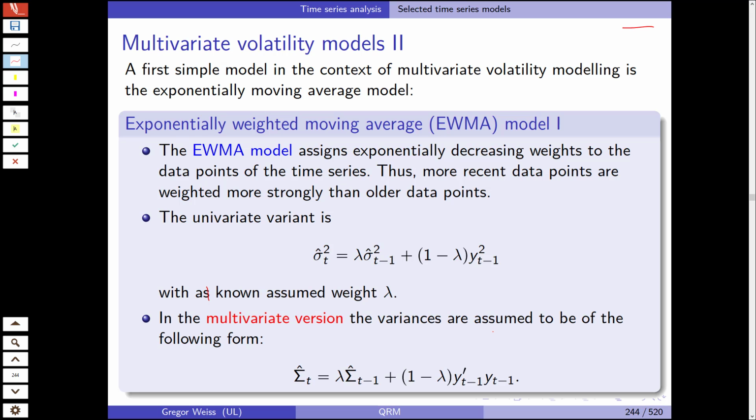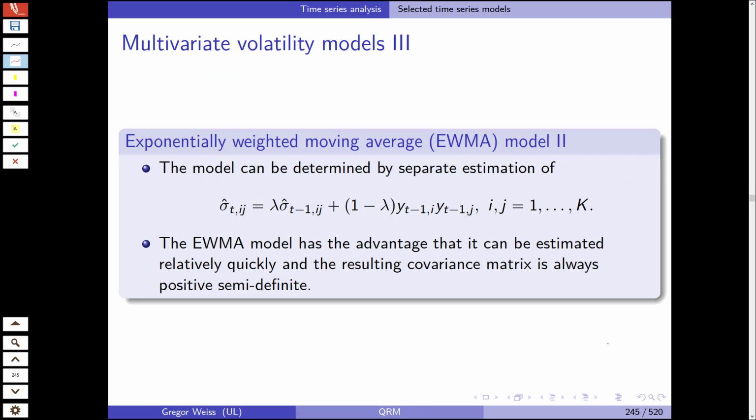assumed weight lambda. In the multivariate version now, you simply have to substitute the variances by the variance covariance matrix sigma t. So you get sigma t equals lambda sigma t minus 1 plus 1 minus lambda, and then this product of yt minus 1 with itself. So it's actually this vector squared.